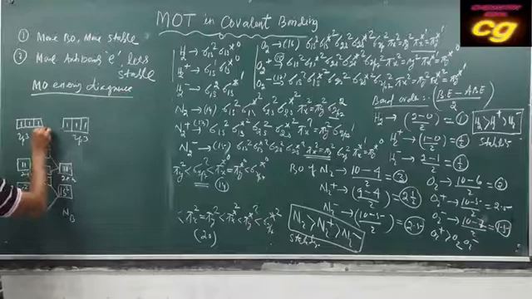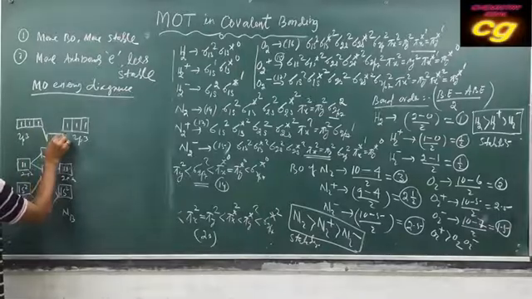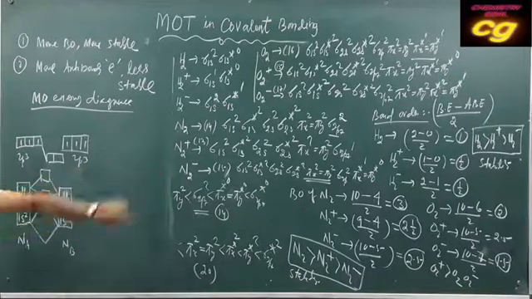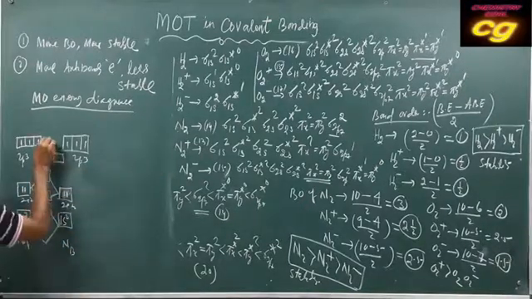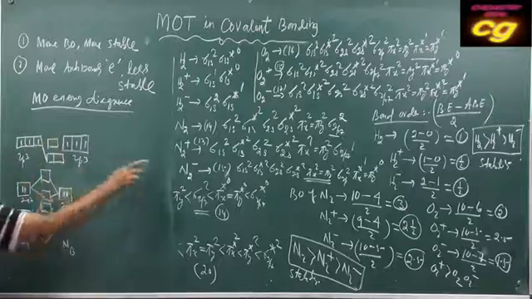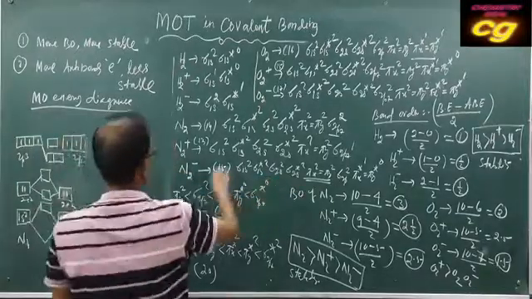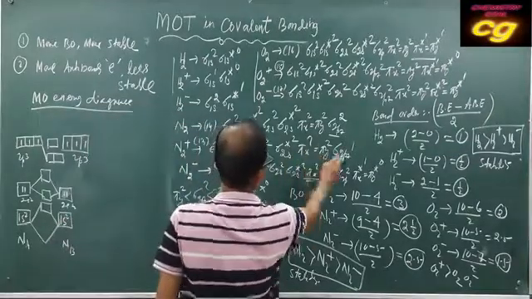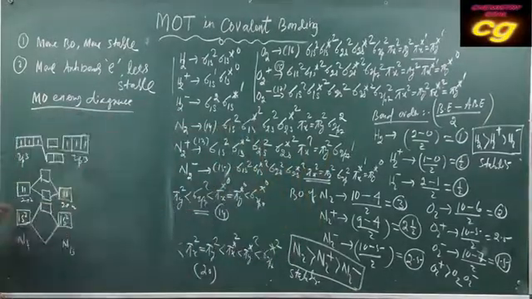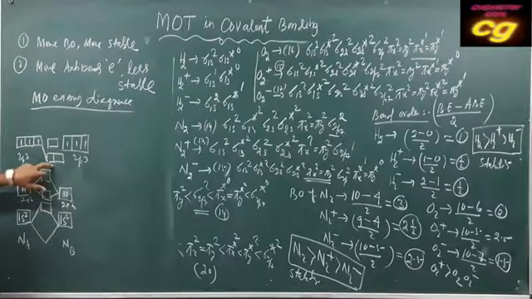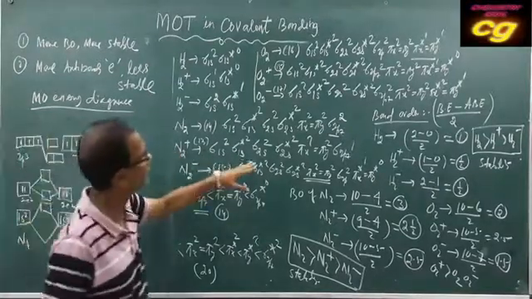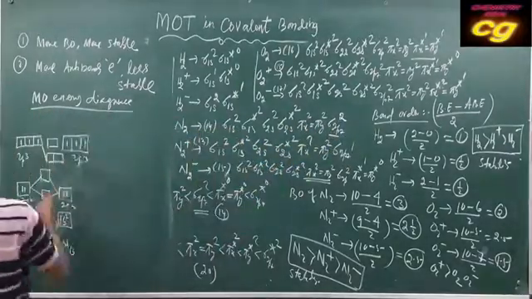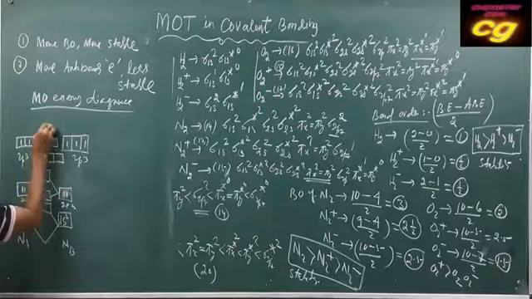First pi will come, 2 pi, then sigma. Then star: pi x star, pi y star. For nitrogen here, pi x2, pi y2, then sigma bonding, then antibonding.